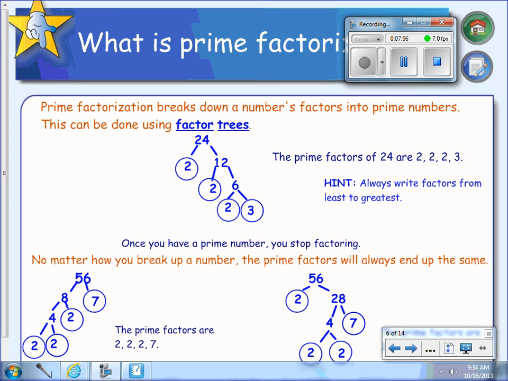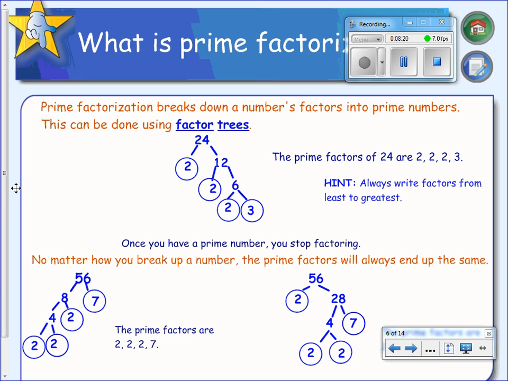So with the prime factorization of 24, I circled all the numbers that are prime. So the prime factors of 24 are 2, 2, 2, 3. Once you have a prime number, you stop factoring. So once there's a bubble or a circle, you stop factoring it.